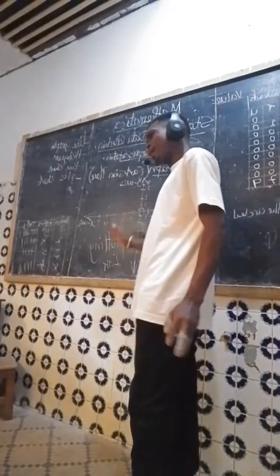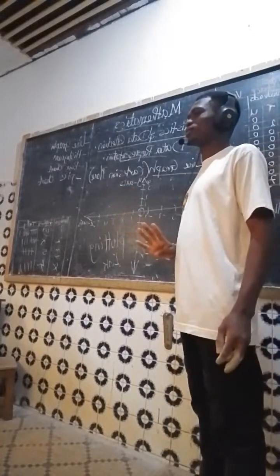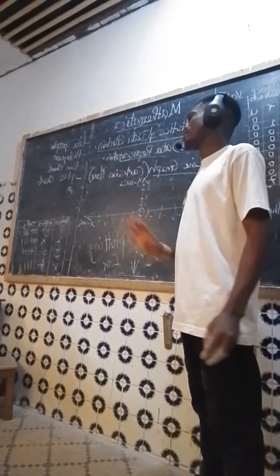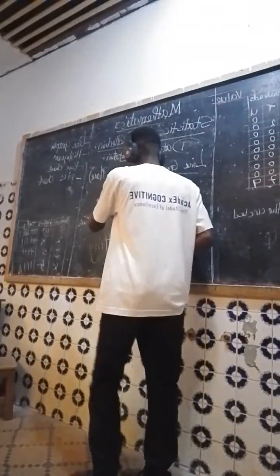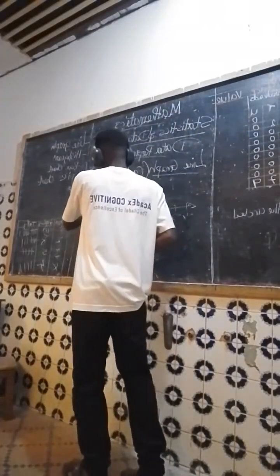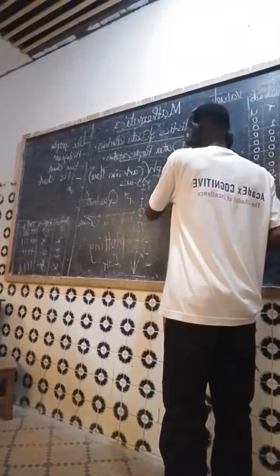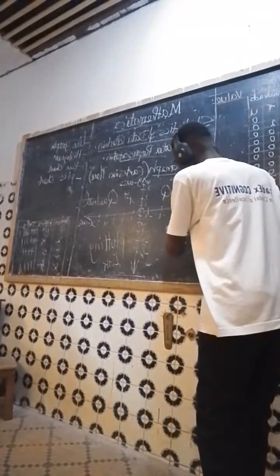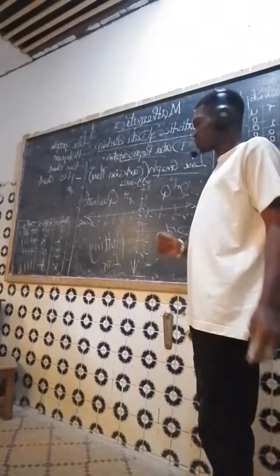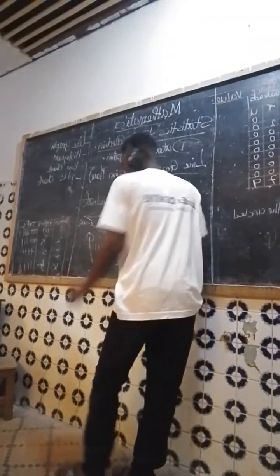The Cartesian plane has four quadrants. This is the first quadrant. This is the second quadrant. This is the third quadrant. And this is the fourth quadrant.